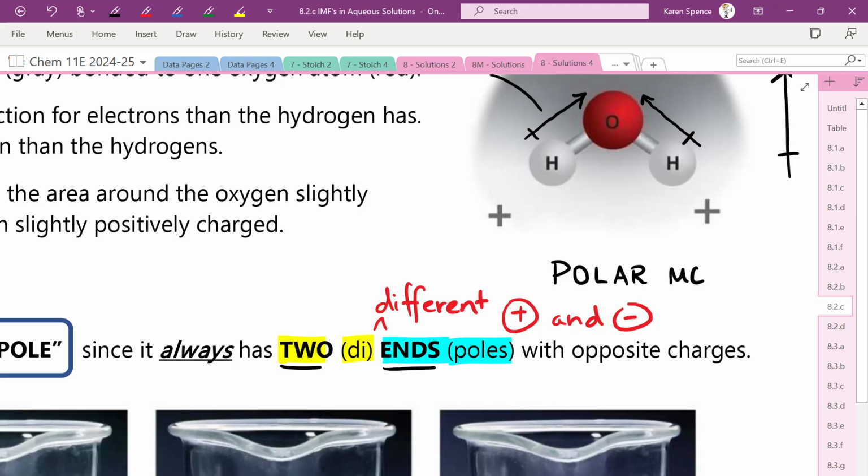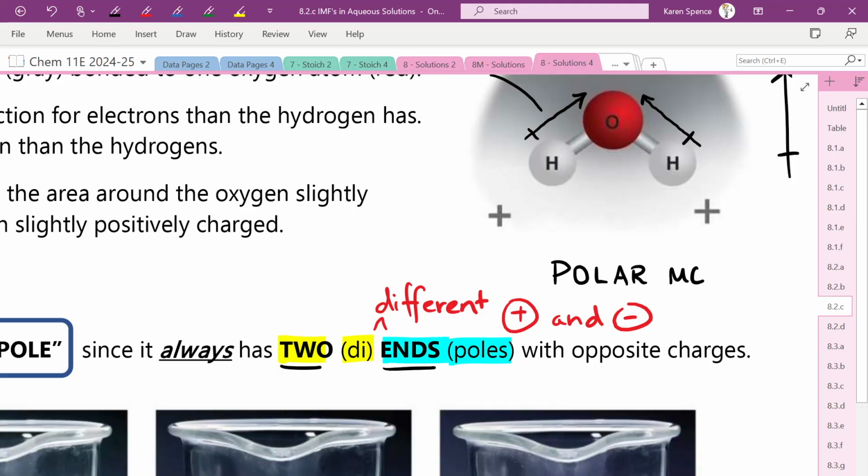What would you have to do? Would you get energy out or would you have to put energy in in order to break that ionic bond? You would have to put energy in to break that. And nature doesn't like putting energy in, yes? However, we know that salt does dissolve, so there has to be something else at play there as well, yes?